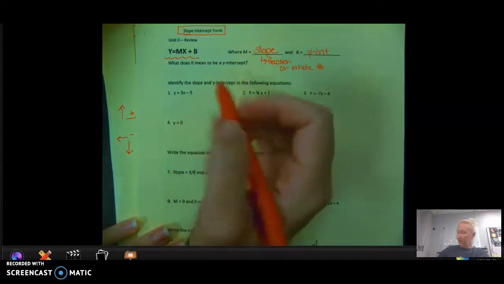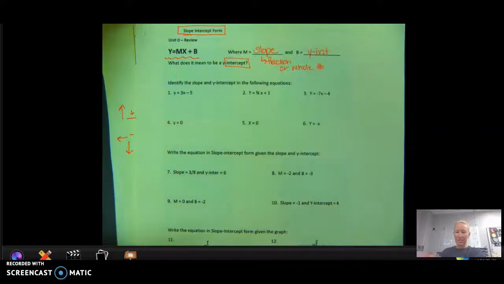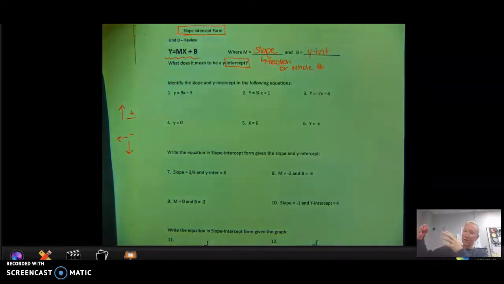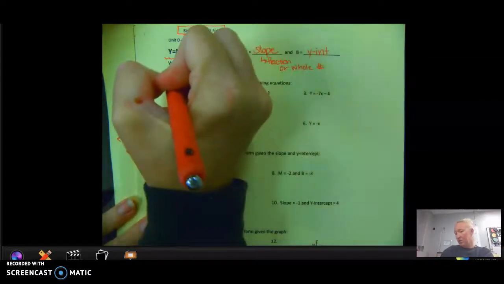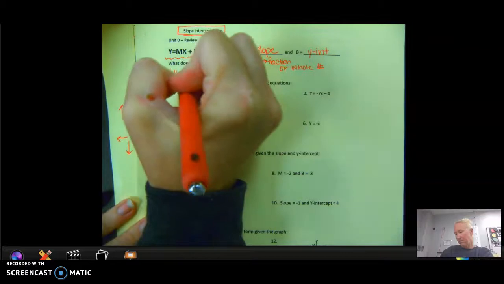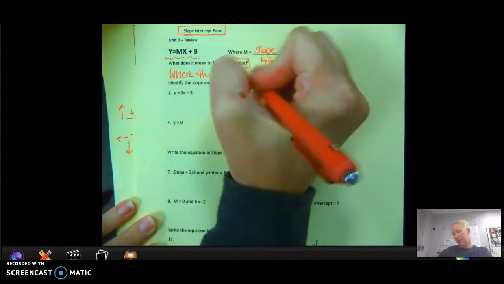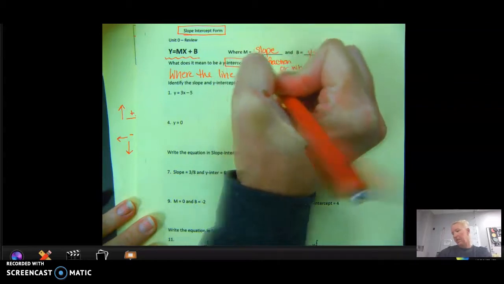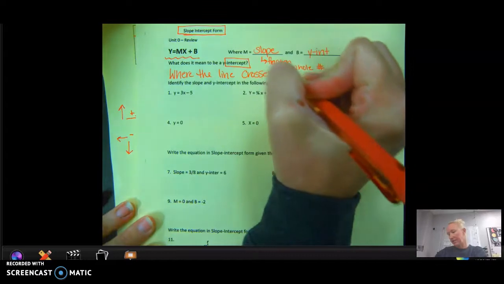What does it mean to be a y-intercept? Intercept, if I were going to intercept a ball, it's where I take over. If I intercept the goal line, I run onto the goal line essentially, right? So a y-intercept is where the line crosses, and since it's a y-intercept, it's where it crosses the y-axis.